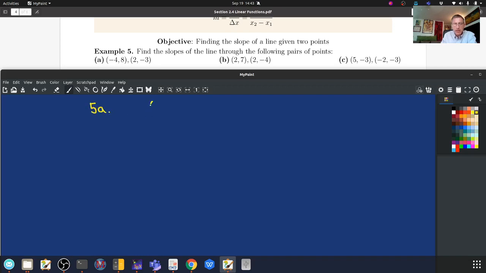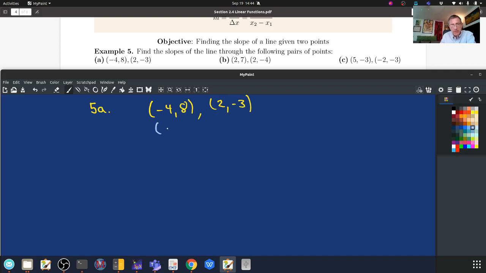Here are 2 points, -4 and 8, and 2 and -3. So you get to label them. And you don't have to label them going from left to right. You get to make a choice. And we're going to make the choice both ways.